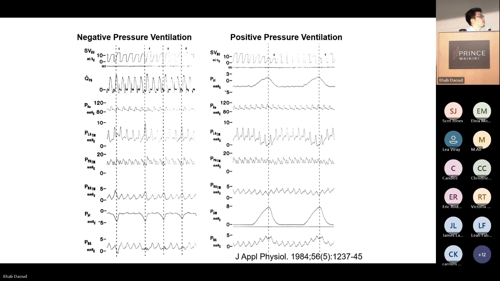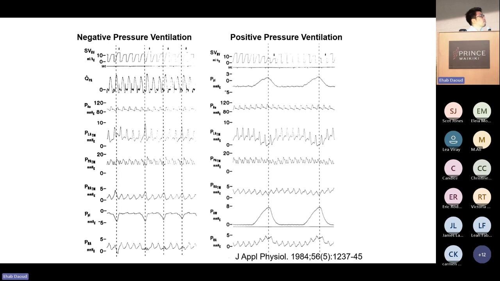So in negative pressure ventilation, when inspiration happens, RA pressure goes down, pleural pressure goes down, and then stroke volume goes up. On the other hand, when positive pressure is applied, during the inspiration, RA pressure goes up, and airway pressure, of course, goes up. And transmural pressure of the RA actually goes down a little bit. As a result, stroke volume actually goes down.